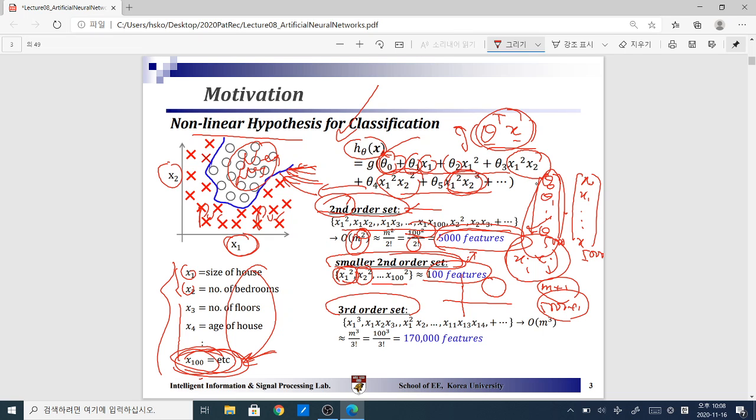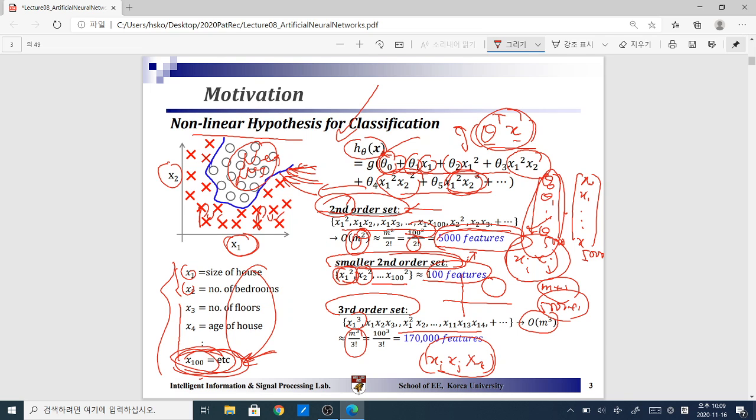What if you increase the order to a third order, that is, by having a combination of xi, xj, and xk, a combination of these three polynomial terms? It's going to then increase drastically the number of features because of this feature relationship operation.